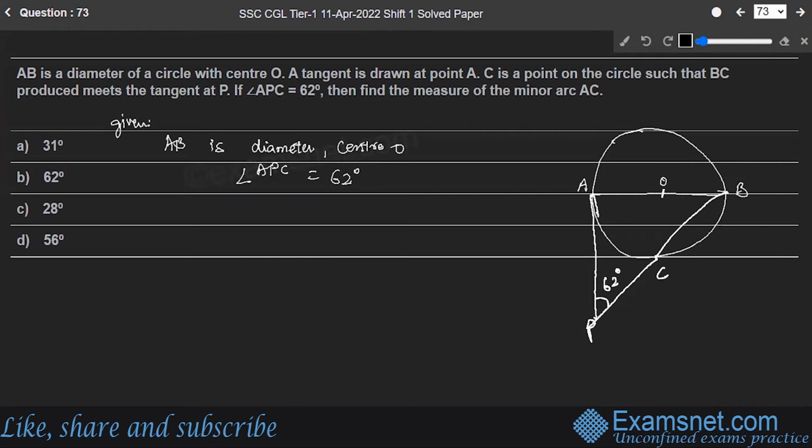This is the center and this is the line like this. I'm making it a triangle.